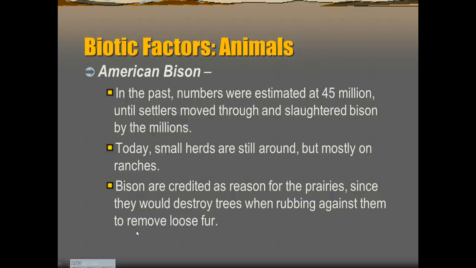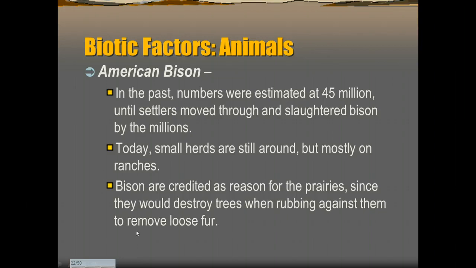They also focus here, which I'm glad they do, on how the bison has pretty much disappeared. They tell you that in the past you had 45 million until our settlers moved through and slaughtered these. And now you might find some herds of bison roaming the grasslands, but not that many. They're mostly on ranches. Okay.